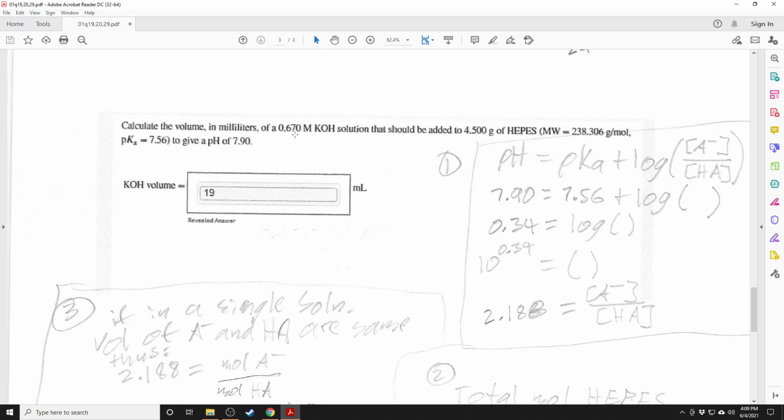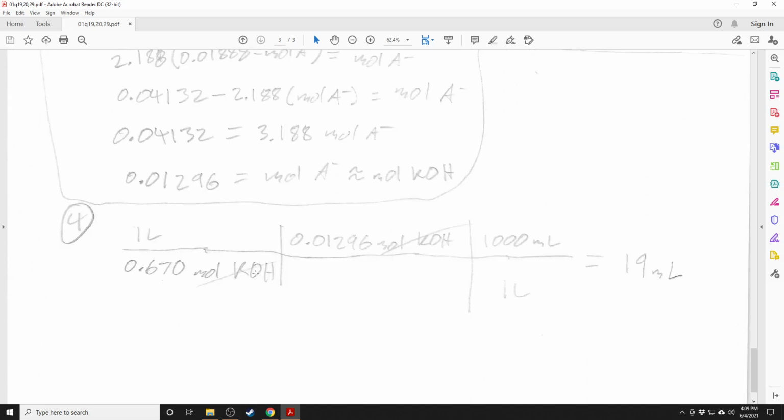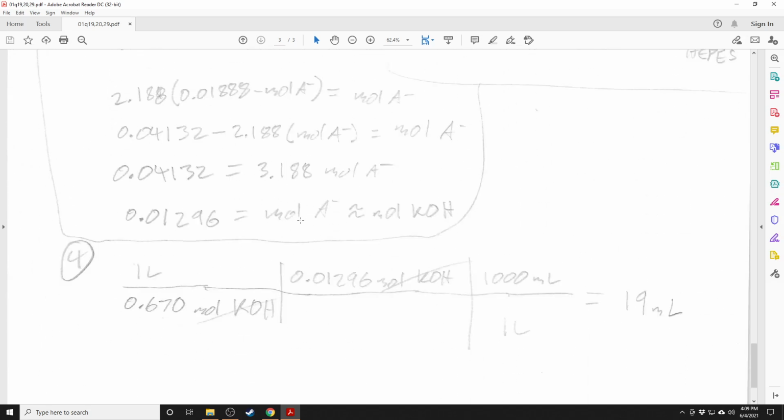Okay? And so I'm saying right here that whatever amount of moles of A minus I have, that's approximately the amount of moles of KOH that I put in. Because the vast majority of my conjugate base that's made is going to be due to that reaction of an acid and base.